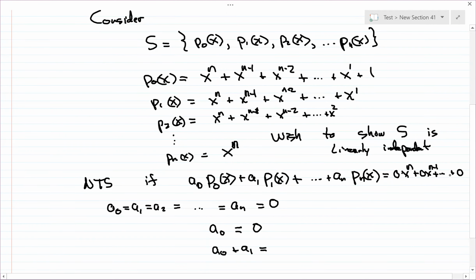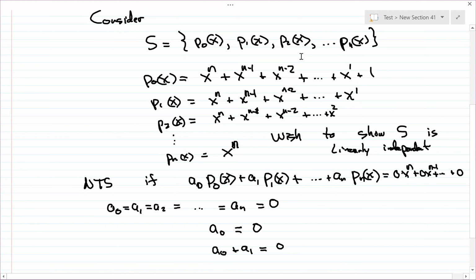And that's got to be equal to the x to the first component of the zero polynomial, which is also 0. So let's make sure we're all clear on that. There's only two polynomials here that have an x to the first term. P0 does, and P1 does, and all the other ones don't, because you chop off the earlier terms. So it would be A0 times 1 here and A1 times 1 here, and that would have to be equal to the coefficient of the x to the first term over here, which would be 0. So you get this equation.